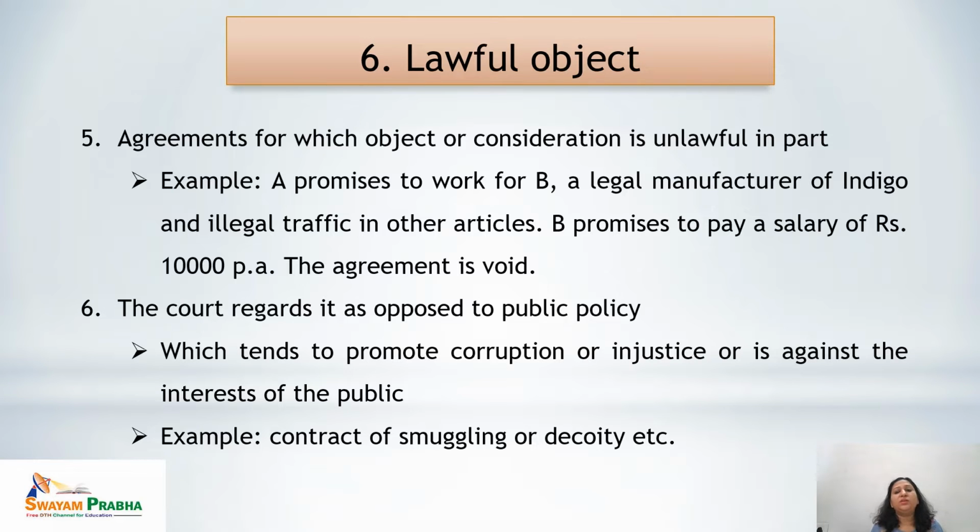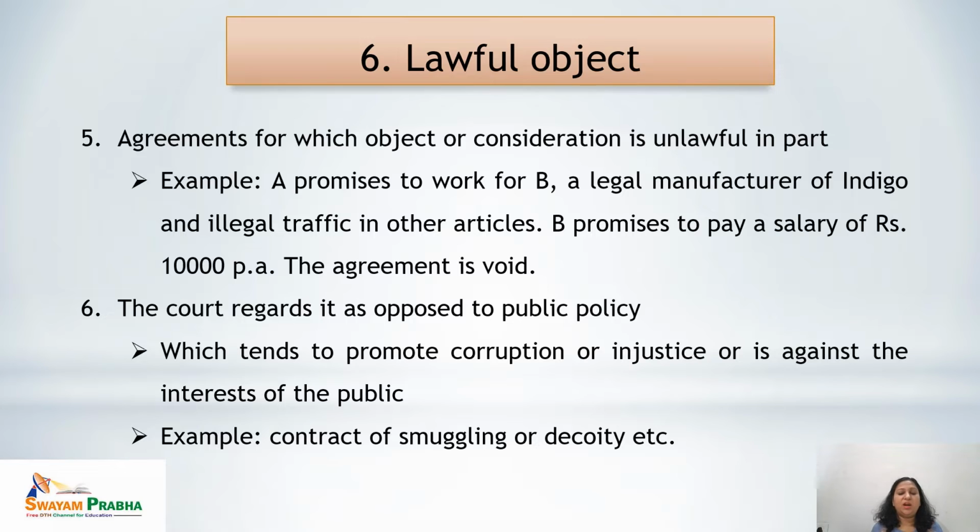So now the services of A are for the legal as well as for the illegal part. So the court says that the agreement is void because the services cannot be separated for the legal and illegal part.